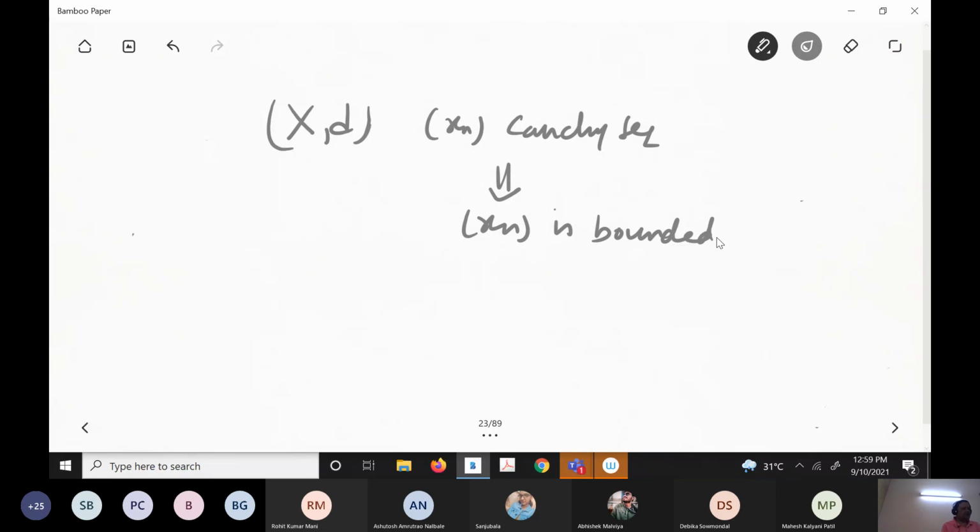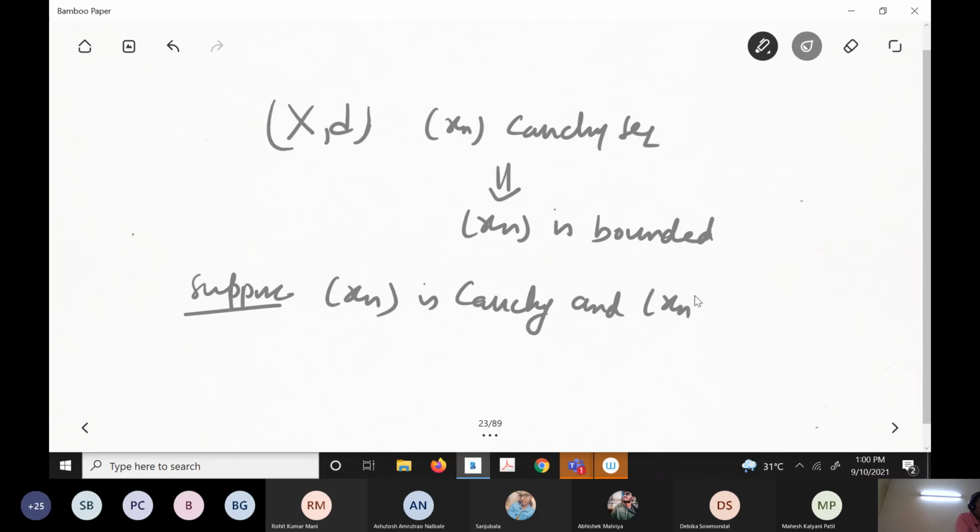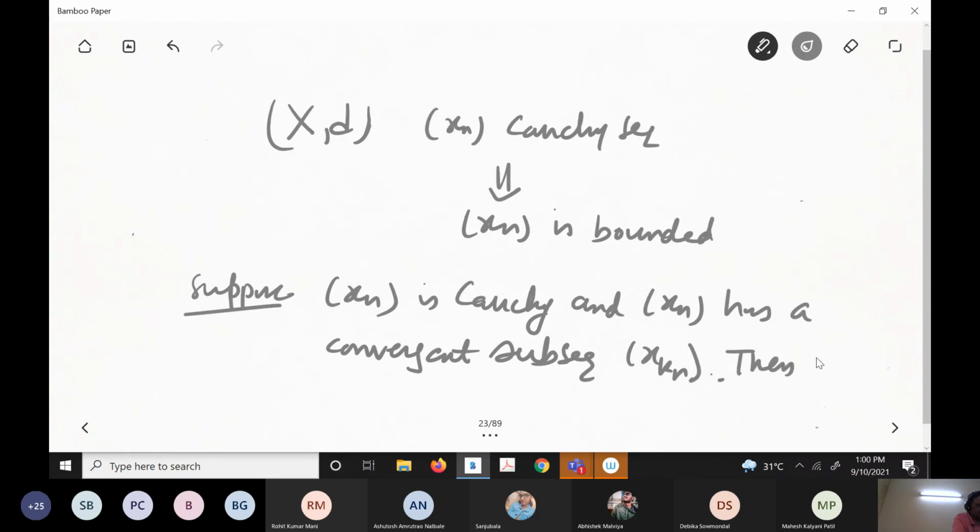Now another thing: suppose xn is Cauchy and xn has a convergent subsequence x_kn. Then this converges. Then xn itself converges.